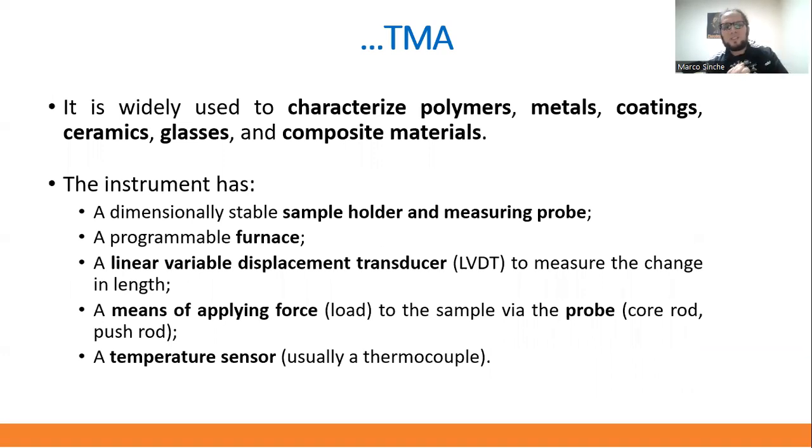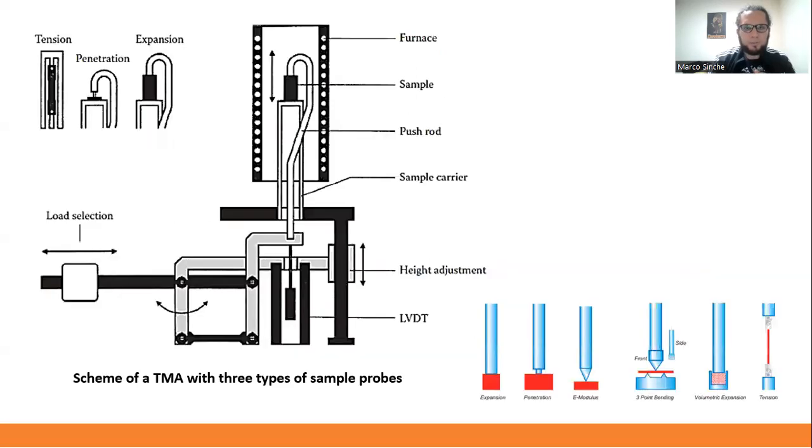The instrumentation typically has a dimensionally stable sample holder and measuring probe, a programmable furnace, which will do the heating or cooling processes, a linear variable displacement transducer, which will measure the changing length and is very sensible, a means to apply the force or so-called load to the sample, and a temperature sensor, which normally is a thermocouple.